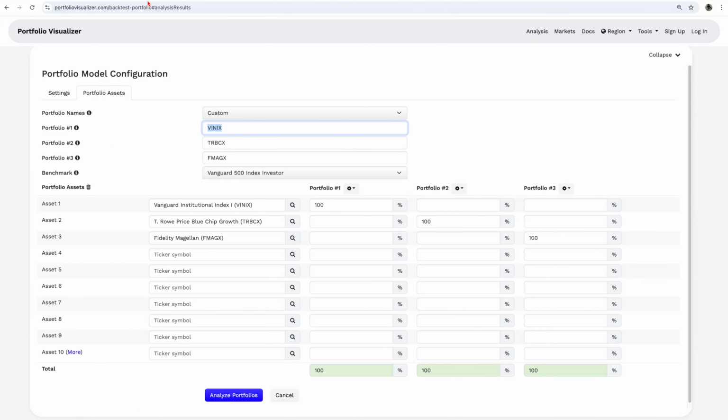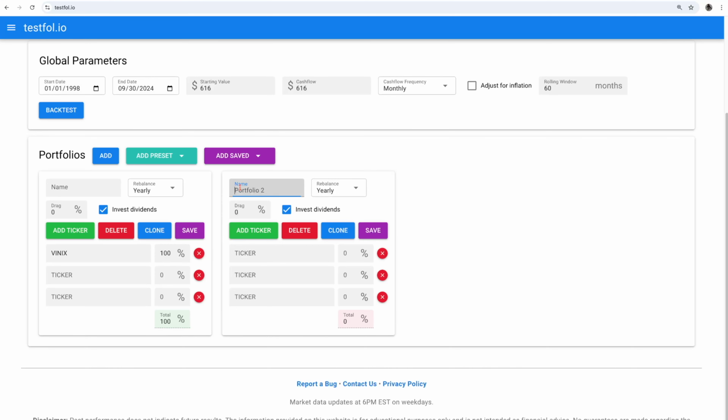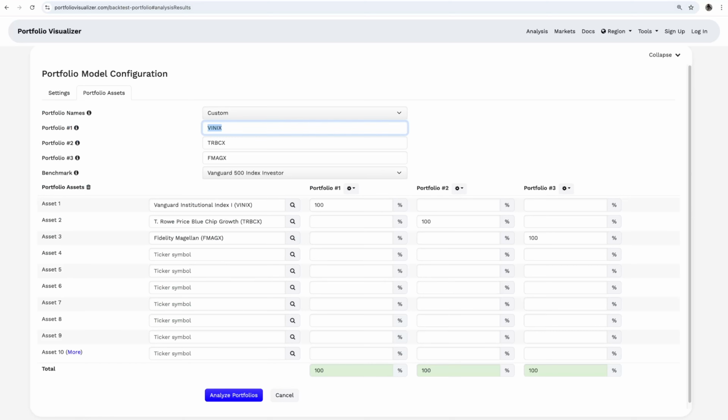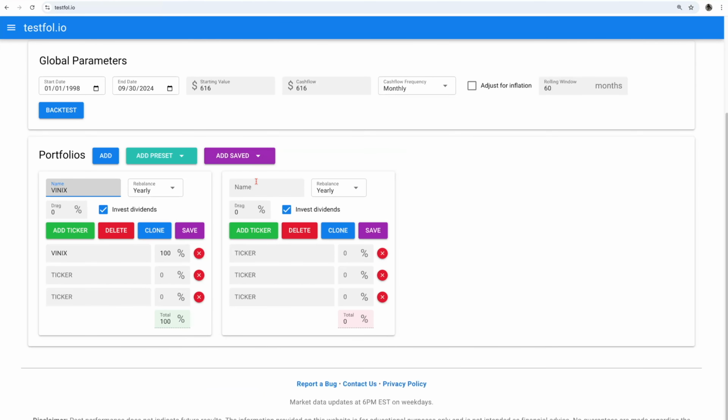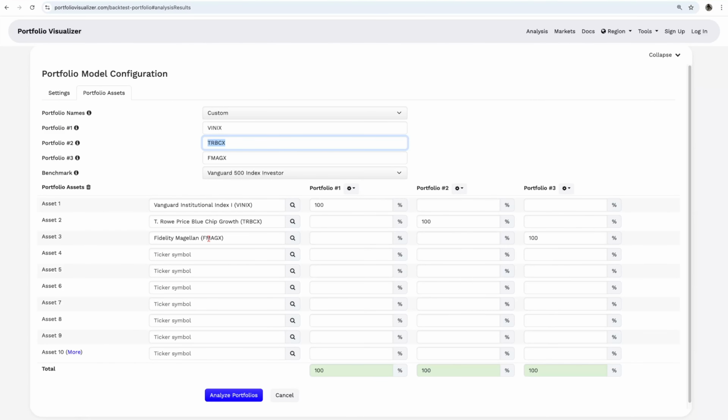Let's do VINIX, 100%. Add another ticker symbol to test. And then the third one is Fidelity Magellan.